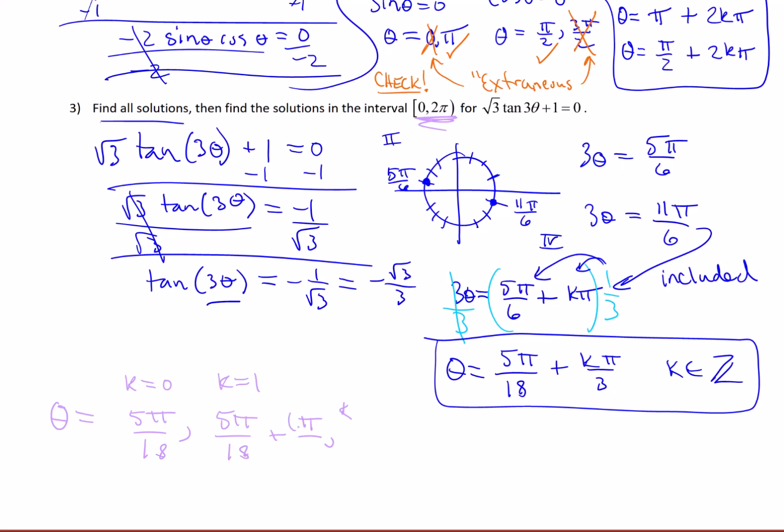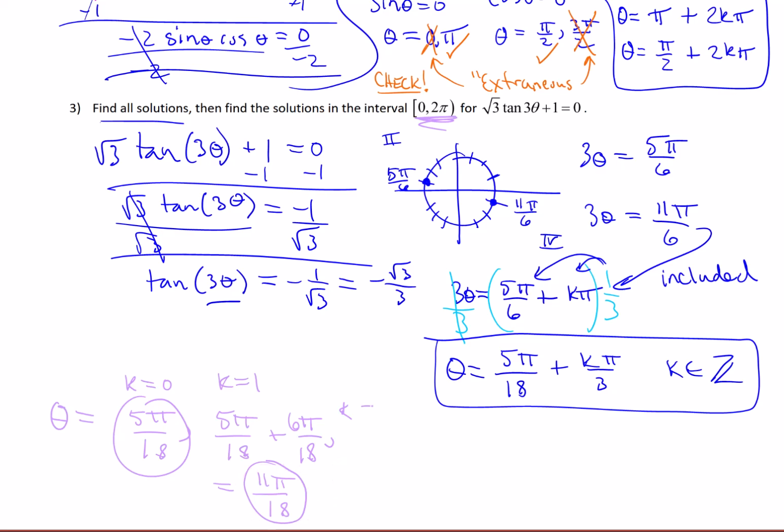So I'm going to write it that way just to get a common denominator there, which means you're really looking at 5 pi over 18 plus 6 pi over 18, which is 11 pi over 18. So we have 5 pi over 18 for the first, 11 pi over 18 for the second. Are we still within one wrap of the circle between 0 and 2 pi? Yes, because we're certainly less than 2 pi so far with 11 pi over 18, right?